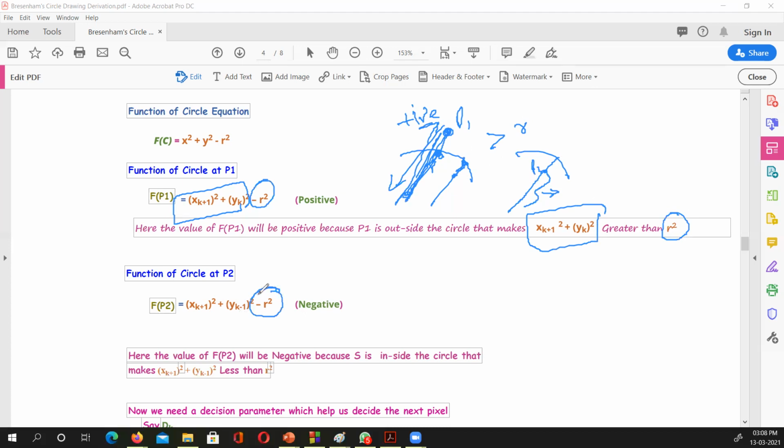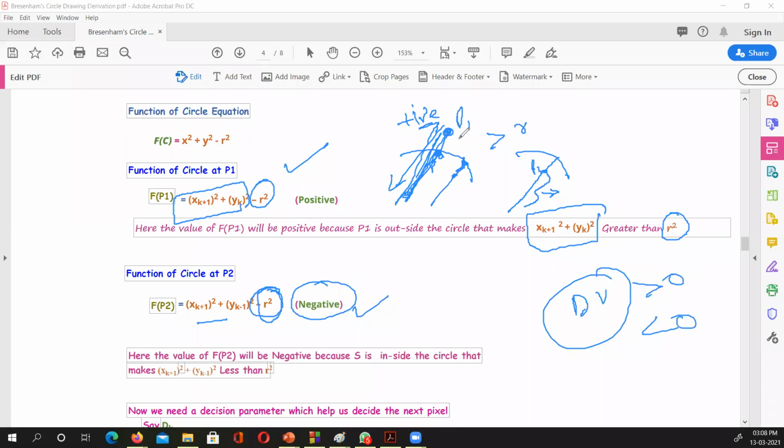That means the radius is bigger. When you minus it, smaller minus bigger is going to be negative. So if you choose P2, this will come negative, and if you choose P1, this will come positive. That is why we see the decision variable. We see whether it is greater than 0 or less than 0. If it's less than 0, then we take P1. If it is greater than 0, that means we are talking about P2, right? Okay, clear.